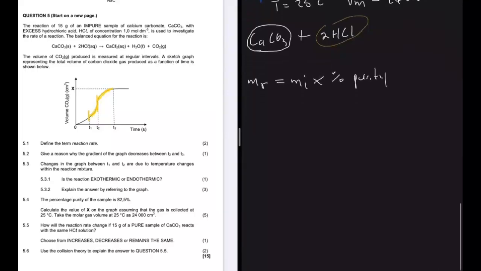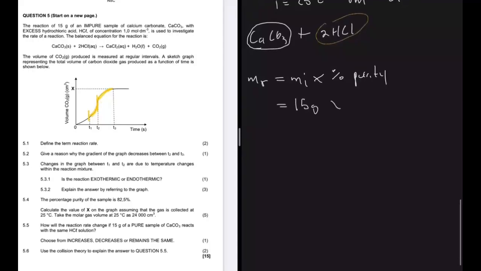We know that the initial mass is 15 grams multiplied by 82.5%. So 15 multiplied by 82.5 percent gives me 12.375 grams. So that's the mass of calcium carbonate that reacted.